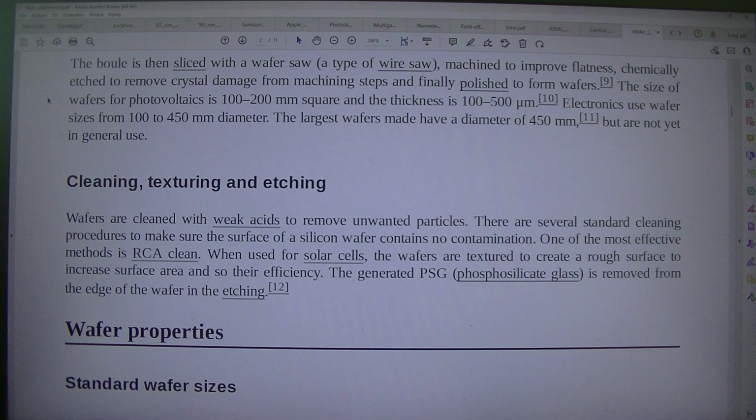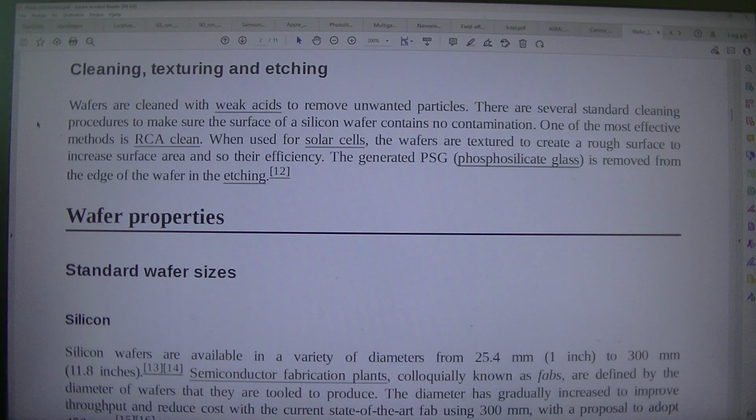Wafers are cleaned with weak acids to remove unwanted particles. There are several standard cleaning procedures to make sure the surface of a silicon wafer contains no contamination. One of the most effective methods is RCA clean. When used for solar cells, the wafers are textured to create a rough surface to increase surface area and so their efficiency. The generated PSG, phosphosilicate glass, is removed from the edge of the wafer in the etching.